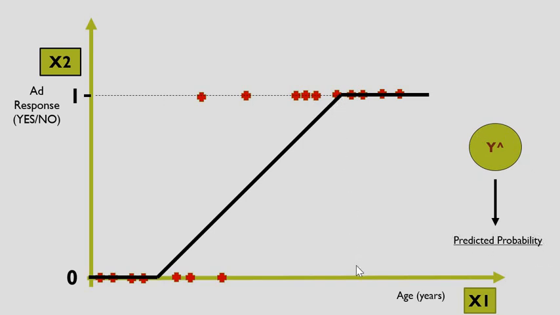For example, let's say that at years 50 and older, I am certain that my customers will interact with my ad. And from ages 30 and below, I am certain that my customers will not be interested in that particular product or offer.